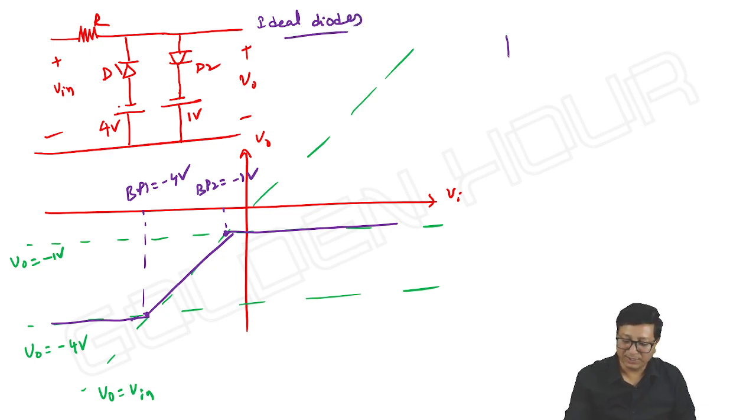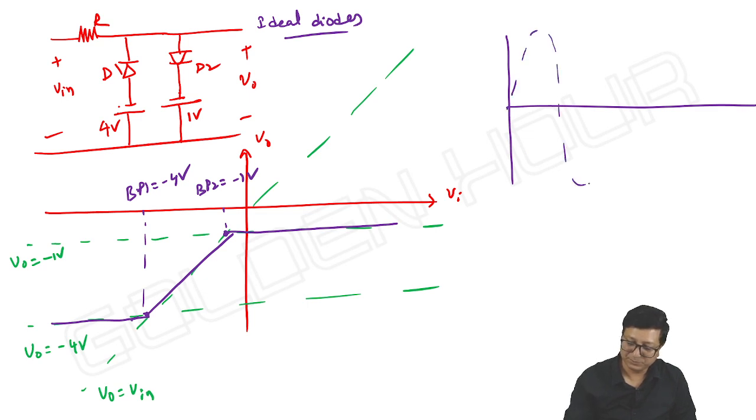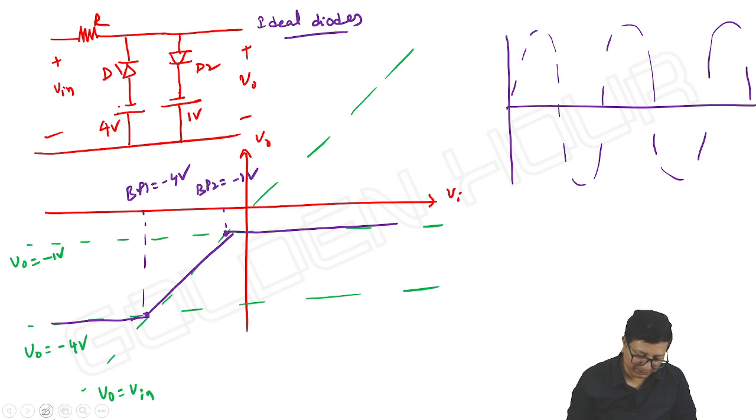Then how about the output waveform? You will be getting the output in between minus 4 and minus 1.